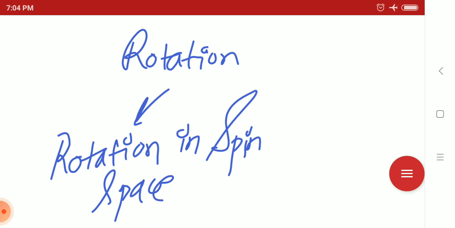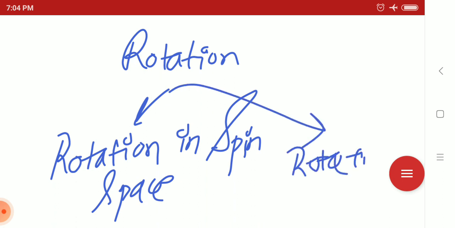and rotation in orbital space. Okay, rotation in spin space and rotation in orbital space.